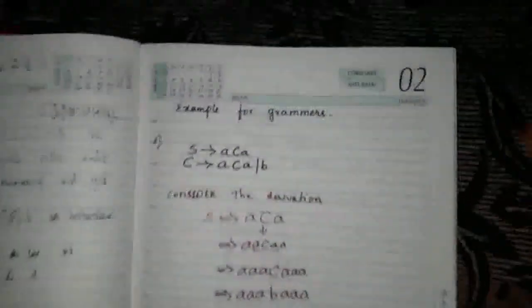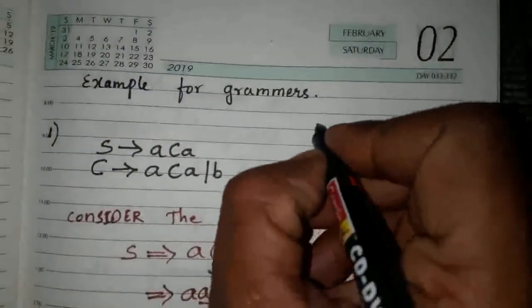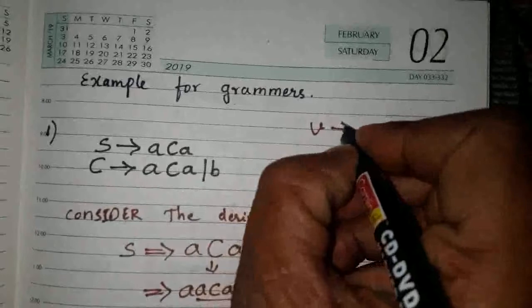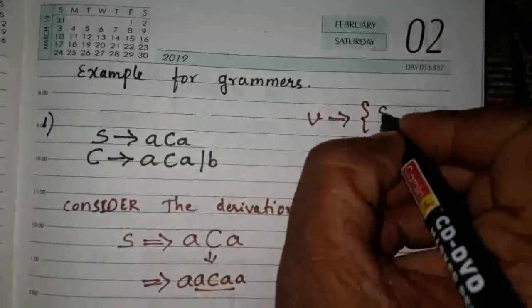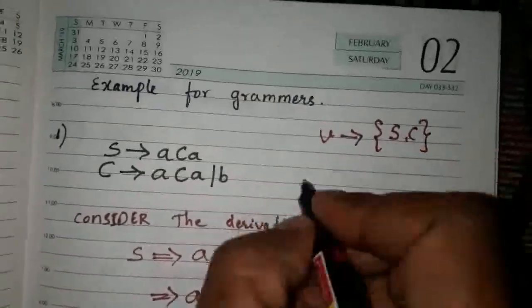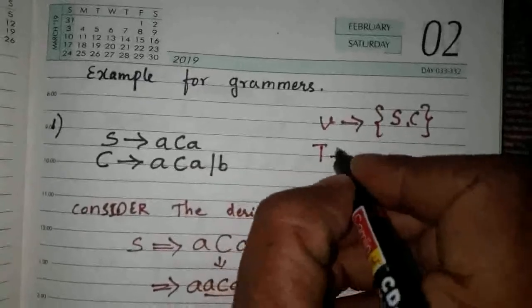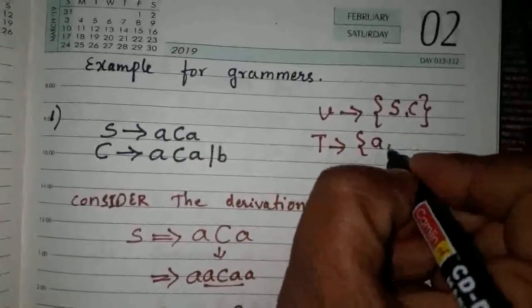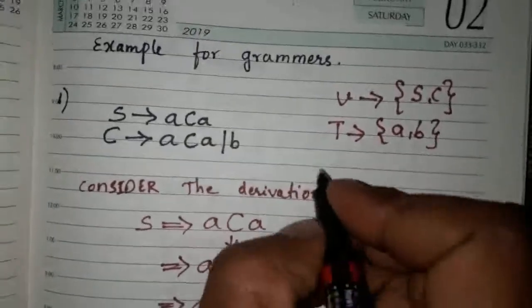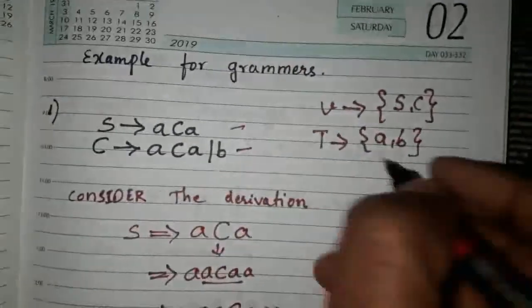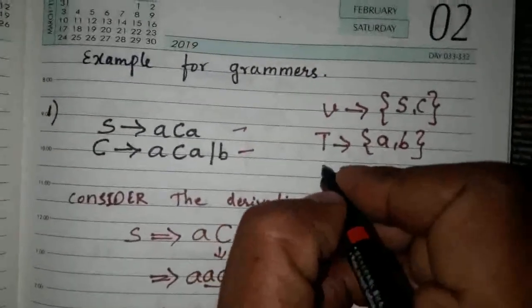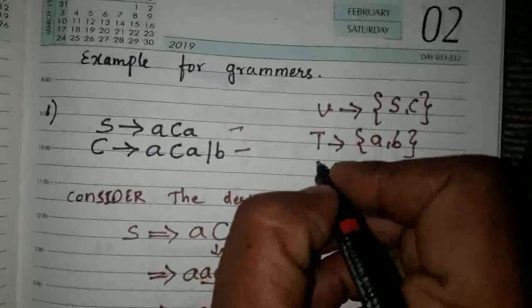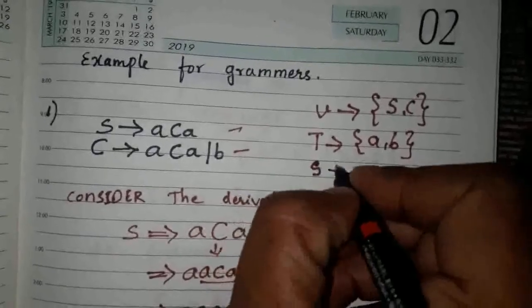Now, let us see what V, T, P, S is in this. The set of variables we have is S and C. The set of terminal symbols we have is a and b. Production, we have two productions. Then the start symbol is S itself.